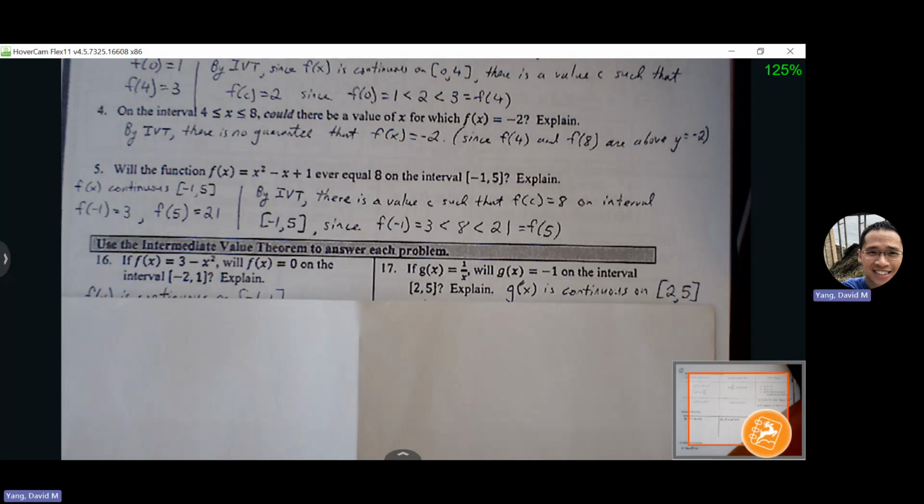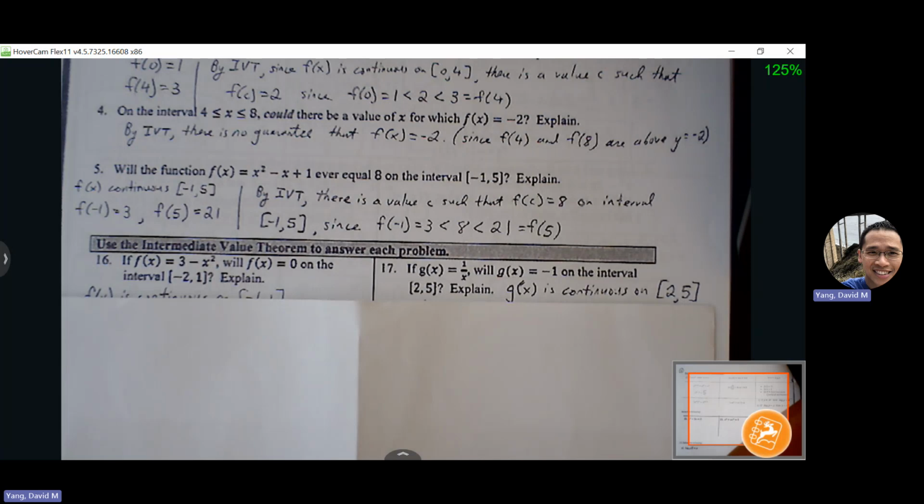Okay, so we're looking at a polynomial. A polynomial is continuous everywhere, but we just want to specify that the continuity we care about is between -1 and 5. And we want to establish where our endpoints are.